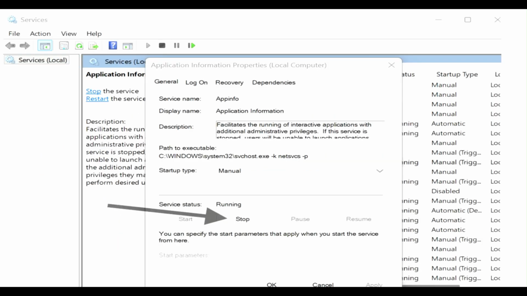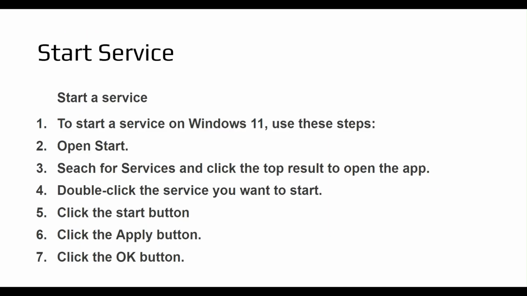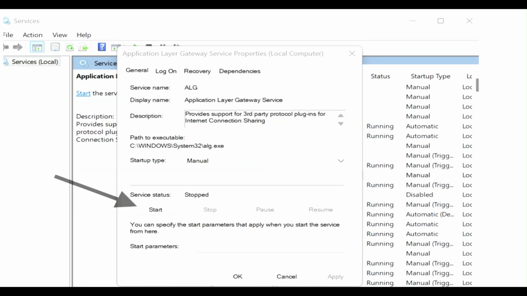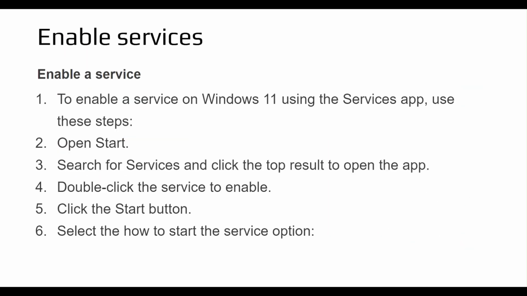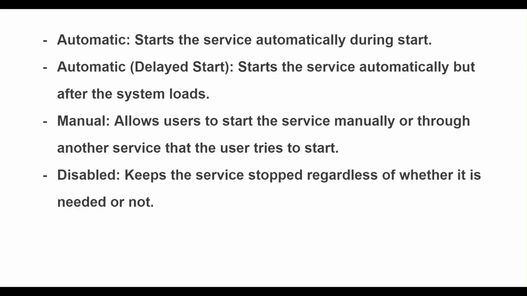These are the steps to stop a service: right-click on the service that you're looking for and click Stop, or double-click it, and this will pop up and then you can choose Stop. Same thing for starting a service, as you can see. Enabling services, same thing. And of course, there is automatic start.